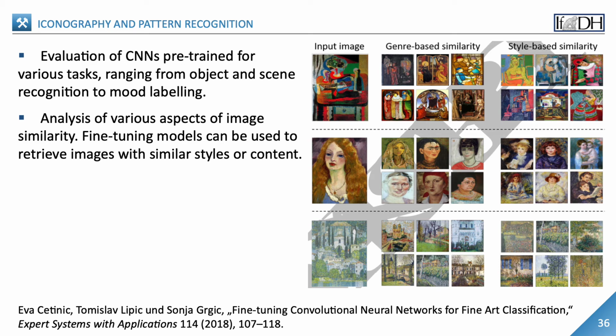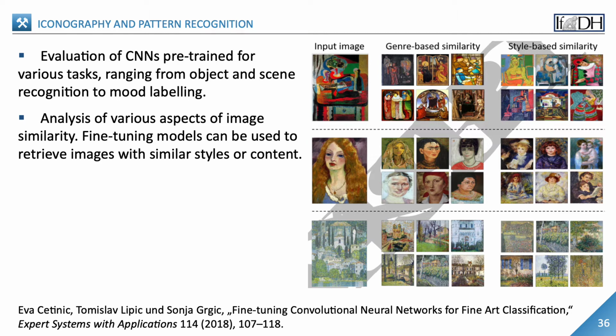In summary, one can say that convolutional neural networks are very well suited for art historical image classification tasks, if they have been trained for the various tasks in advance on photos of real scenes, ranging from the recognition of objects and scenes to the labeling of moods.